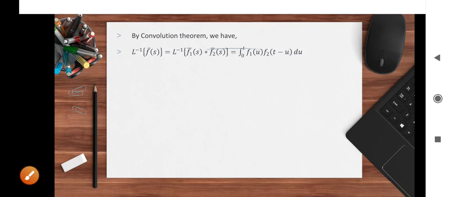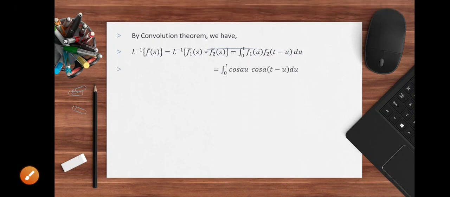Now we will write the corresponding functions. So here the limits of integration 0 to t will be as it is. f1 of u, cos au, will be as it is. Now f2 of u is cos of au. In that function you have to change u as t minus u.